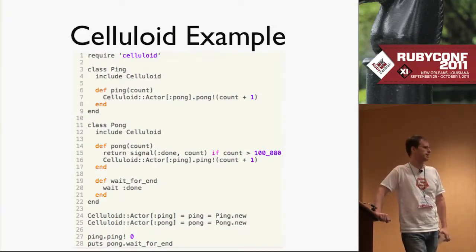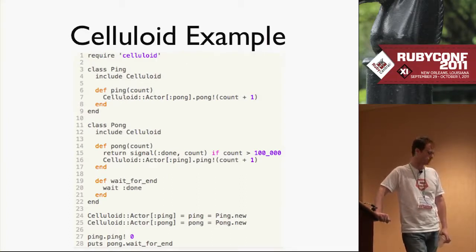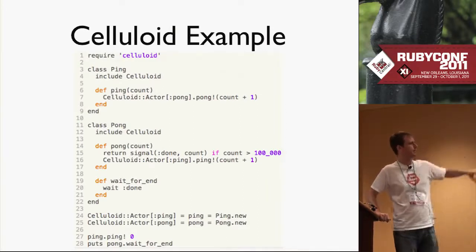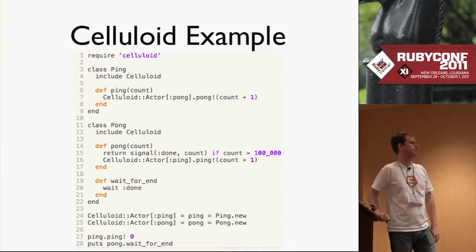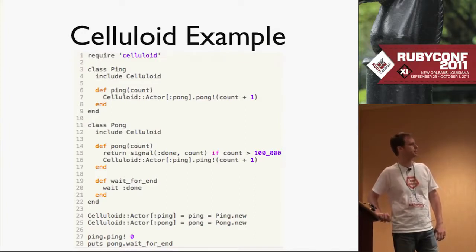Note on line 28, the main thread blocks, waiting for the actors to finish. That's a nice feature of Celluloid where you can get some synchronization between the actors. But basically, they're just passing the message back and forth until they reach 100,000, at which point the done symbol is signaled on line 15.